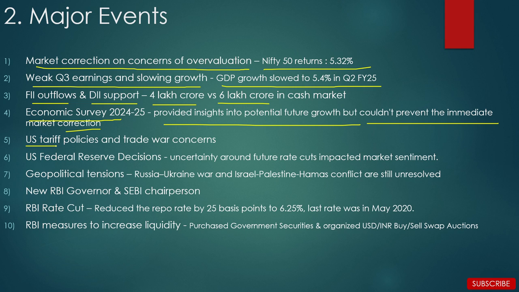Next is the US tariff policies and trade war concerns. So US presidential results came out in the third quarter of the financial year 24-25, and Donald Trump won the election, and he started talking about these tariffs and all those things right from the word go. And there was a growing concern in the markets worldwide about the tariffs that he is going to implement.